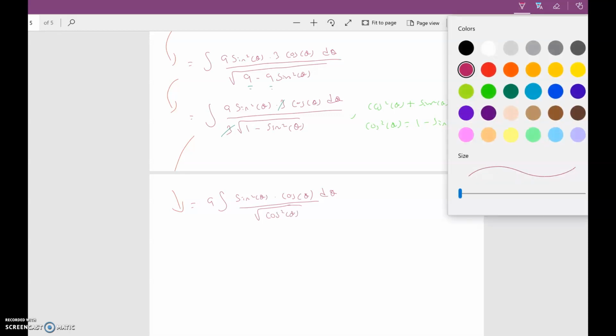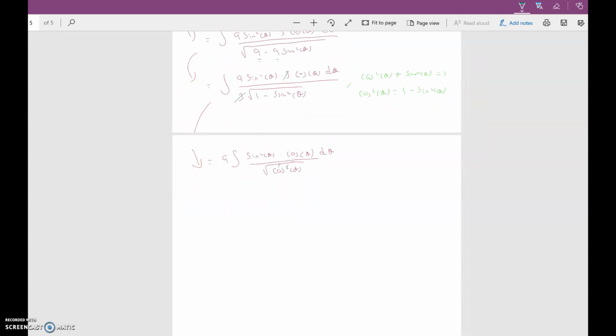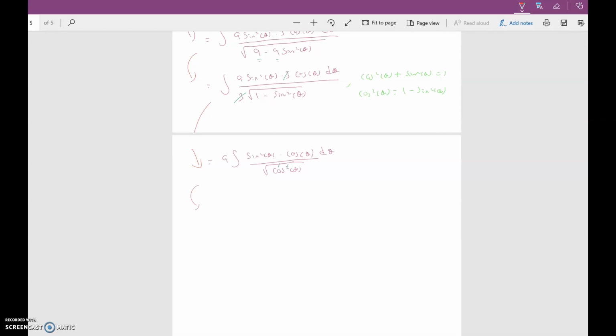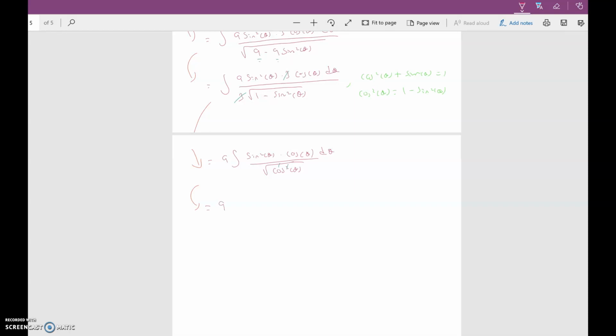The good news is the square root cancels the square. So I'm just going to rewrite it as 9 integral of sine squared of theta times cosine of theta over a regular cosine of theta d theta.